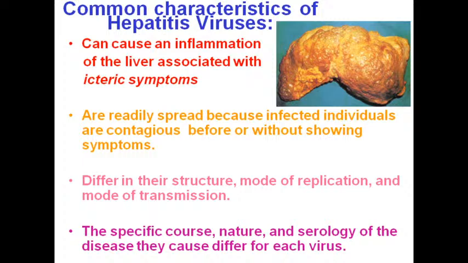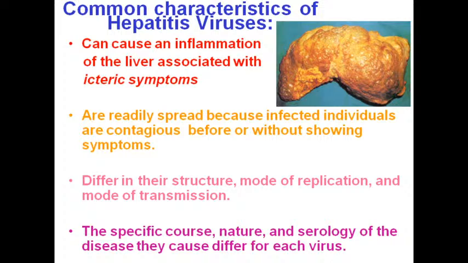Irrespective of what type of hepatitis virus we discuss, they can cause an inflammation of the liver. And quite often this inflammation of the liver is associated with the icteric symptoms or icteric stage of the disease.